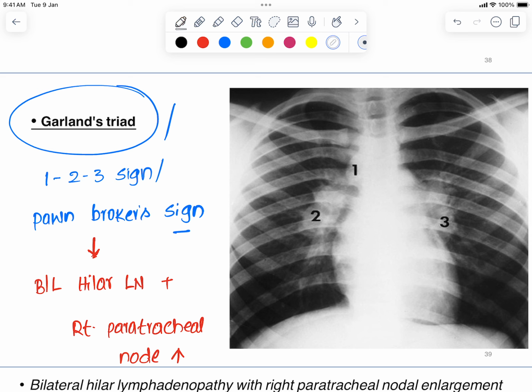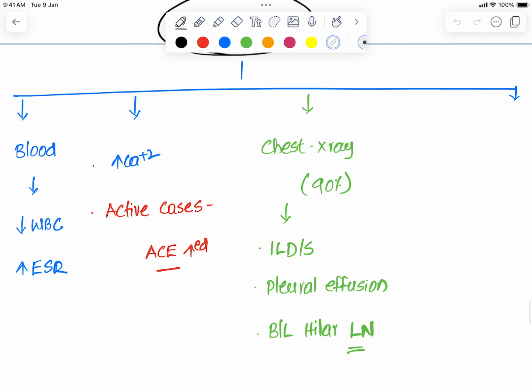So this is called the Garland's triad, also known as the 1, 2, 3 sign, also called the pawnbroker sign. Alright?